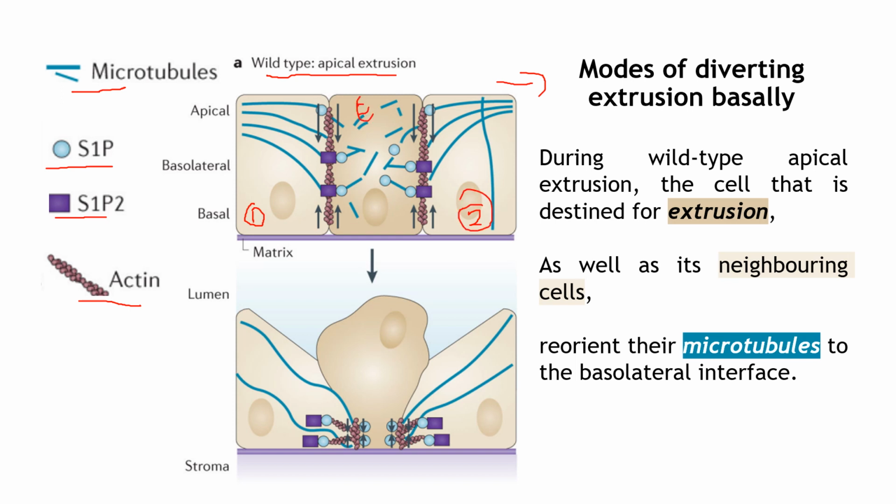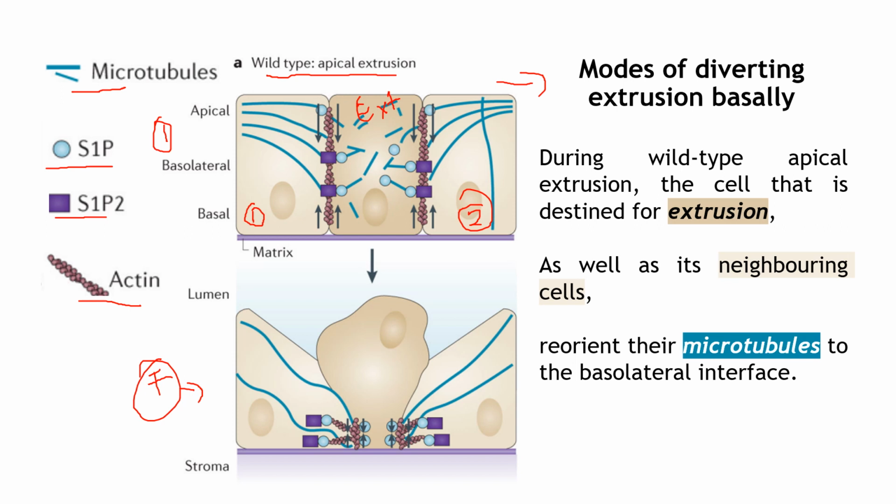I want you to try, if you want, to stop the video and write on your paper and send me in Moodle, as an in-class assignment so I know you were paying attention to the video: what do you see happen between the initial signal, the initial time when this cell has to extrude, to the final time? What happens with the microtubules, with the S1P, with the receptor, and with the actin? So try to take a look.